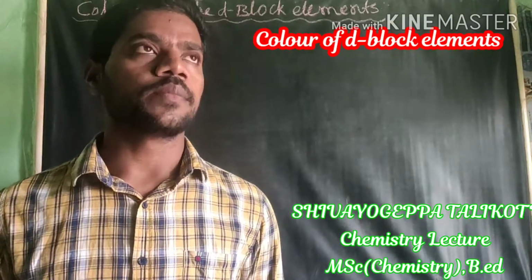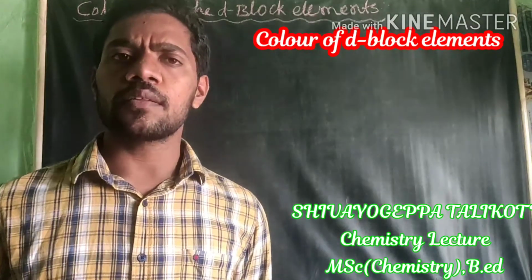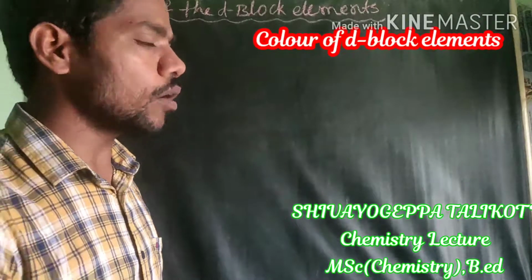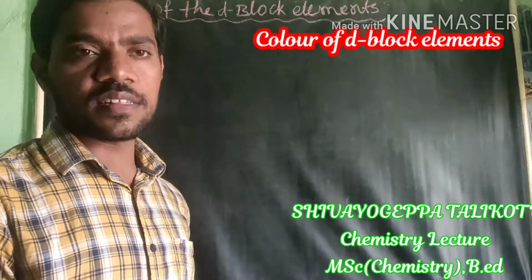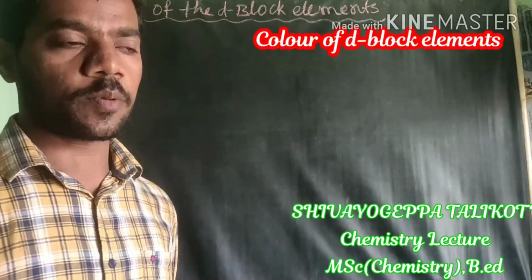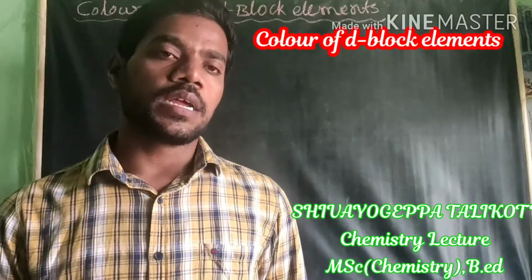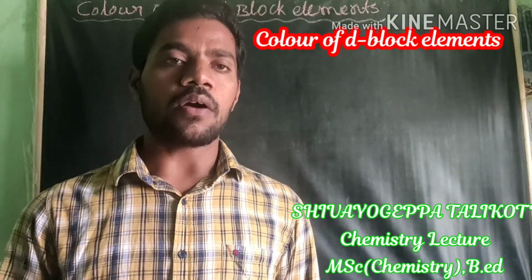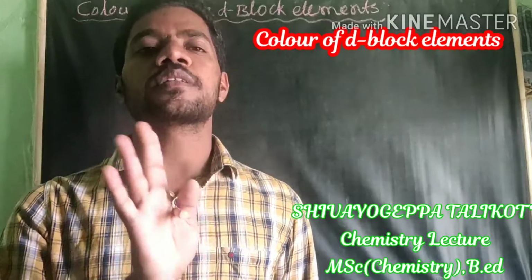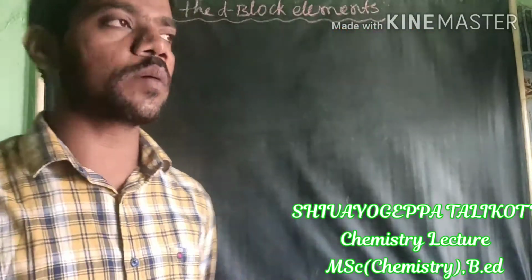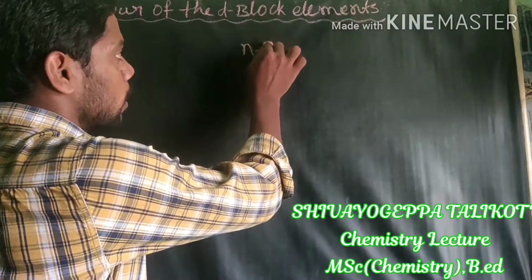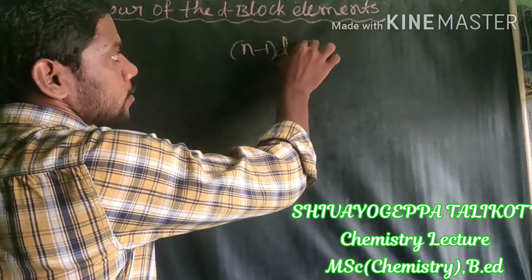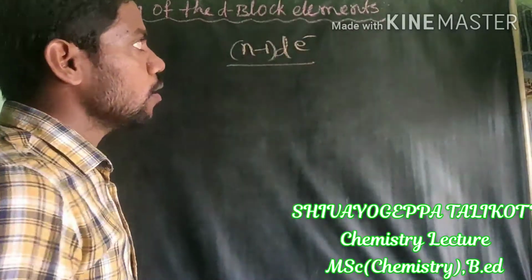That is very important. All d block elements show this type of variety, for example catalytic property, different oxidation numbers, magnetic property, and the color of the compounds. This is all because all d block elements consist of outermost n-1 d electrons.